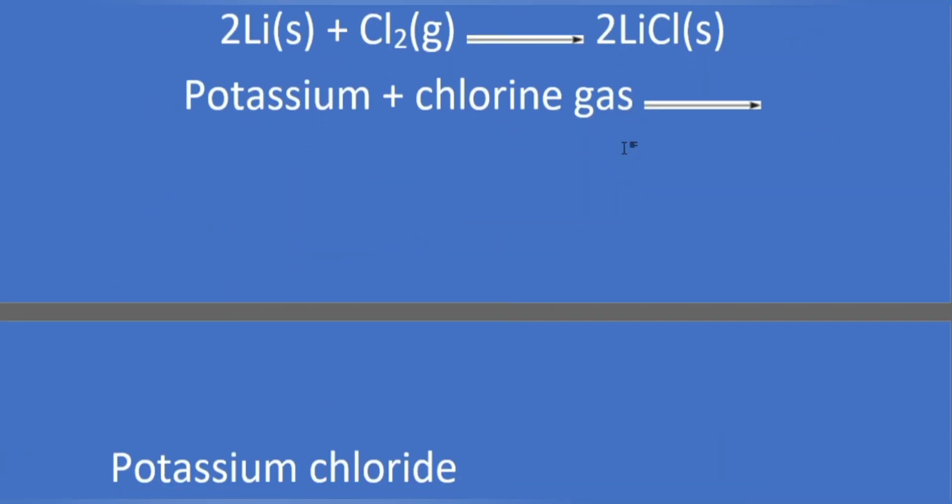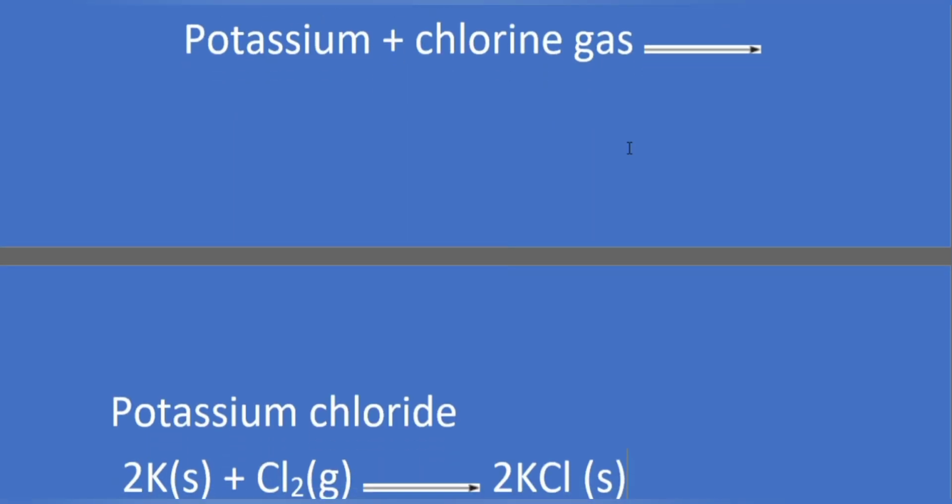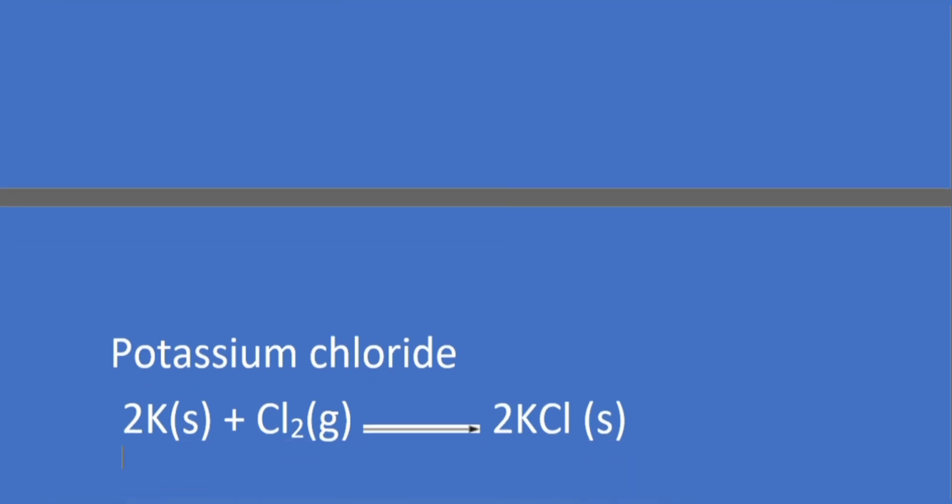When hot sodium metal is lowered into chlorine gas, the metal bursts into flame. White fumes of sodium chloride are formed. Lithium reacts less vigorously with chlorine, while potassium reacts much more violently than sodium, because potassium is more reactive than the remaining ones.